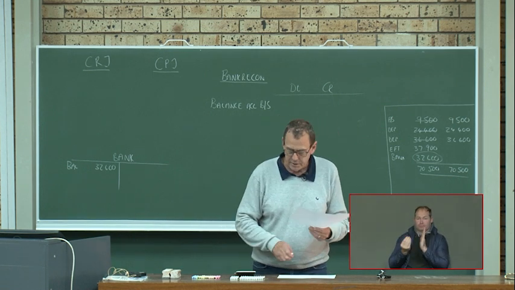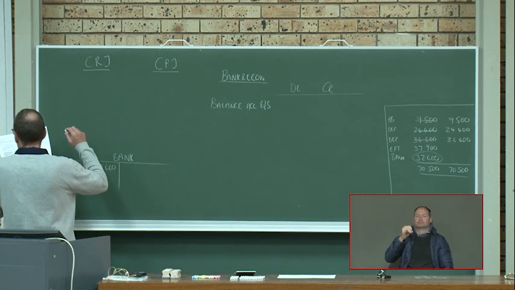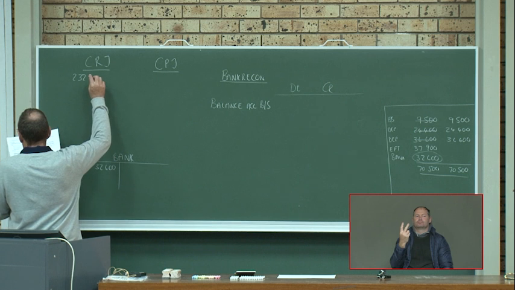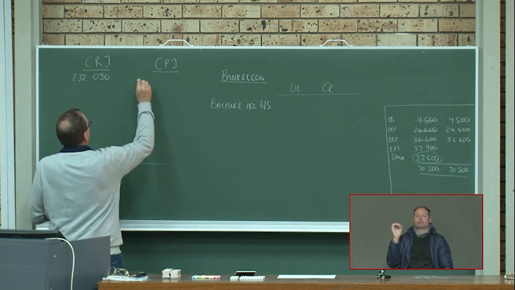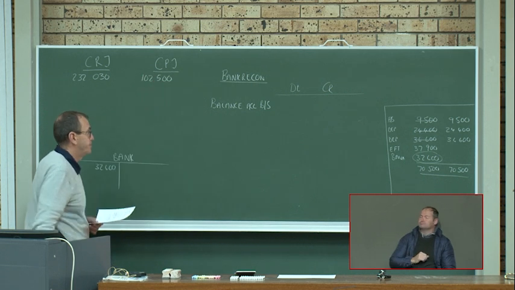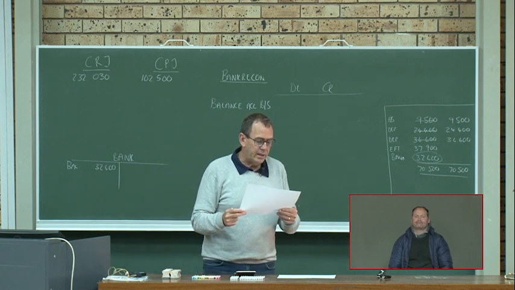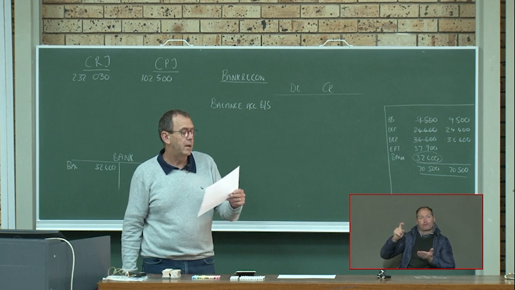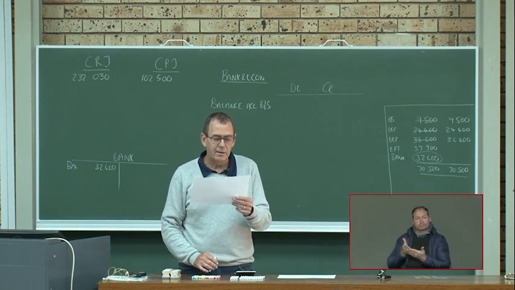Now they give us a note. I just want to put in the CRJ, the total was 232,030, and the CPJ was 102,500. All right. They say the outstanding deposit of 24,400 on the bank reconciliation statement was in respect of sales.